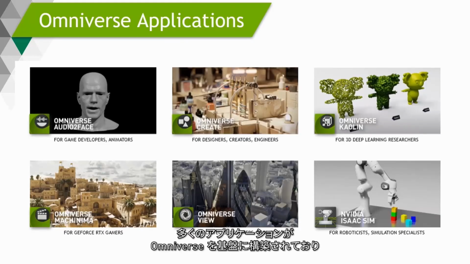So there have been quite a few applications built on top of Omniverse. Here are just some examples, each aiming at a different specialty. Some are for game developers, some are for artists and architects, and Isaac Sim is built for roboticists and robotics researchers.